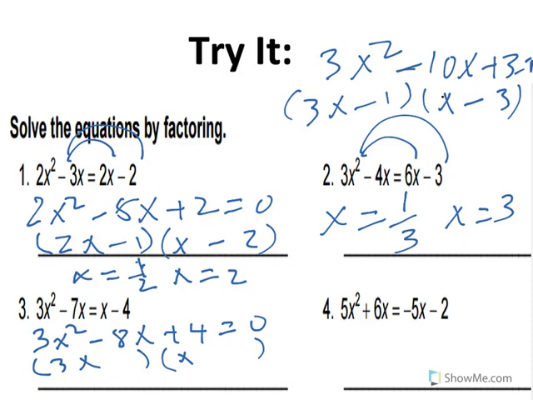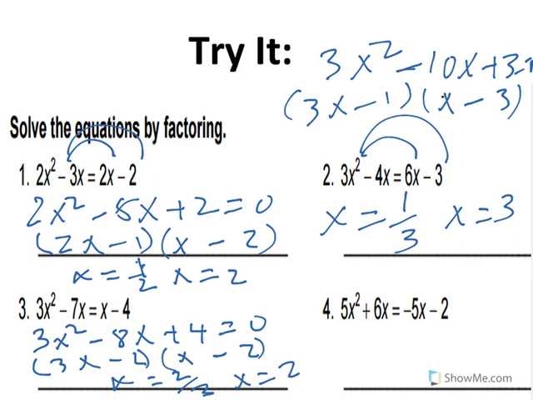So we could have negative 2 and negative 2. So then x equals 2 over 3 and x equals 2.